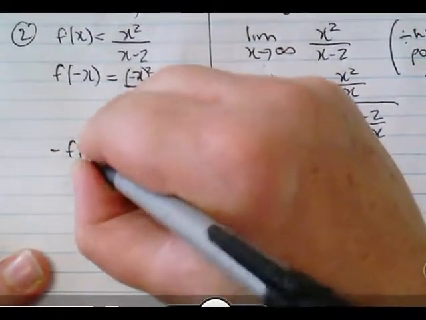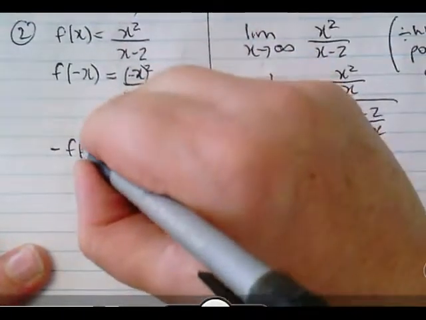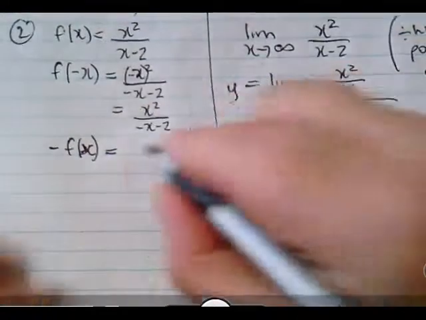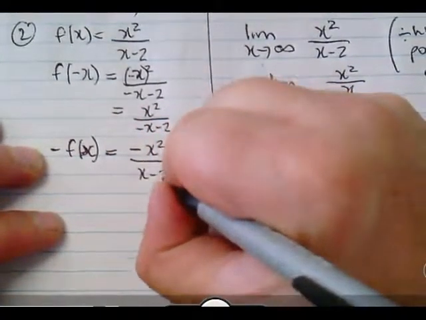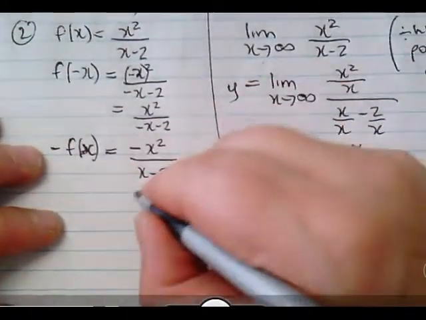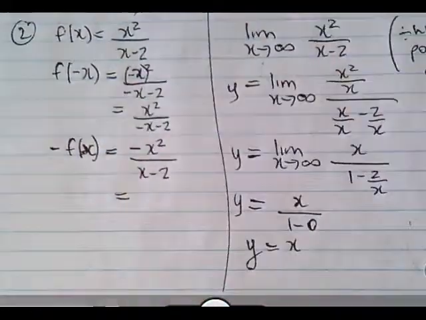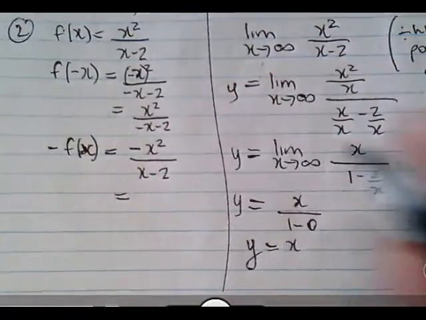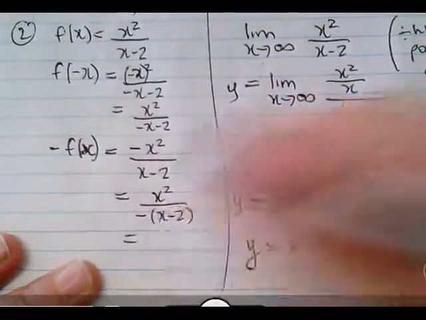Negative function of x is negative x squared over x minus 2. I can put that negative on the denominator if I want. I could have put the negative on the top, or I could have said that's x squared over negative bracket x minus 2. Are you okay with that?